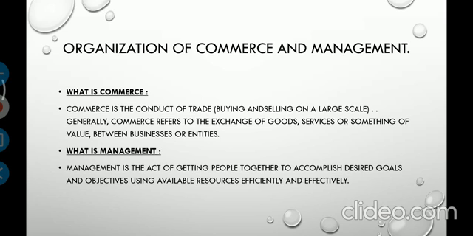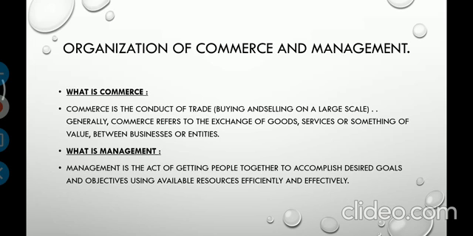You are not actually buying the hotel, you are not actually buying the vehicle by which you are doing transportation, but you are only taking benefit out of it. You are only using it for some time by giving some money or consideration. So basically, commerce is an exchange of goods and services. Commerce is buying and selling of goods and services between two people on a larger scale.